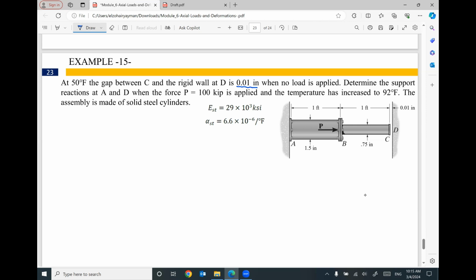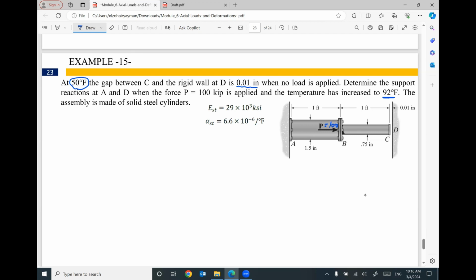We need to figure out the support reactions at A and D when we have applied force P equal 100 kip and the temperature increases from 50 Fahrenheit to 92 degrees Fahrenheit. Does that make sense?